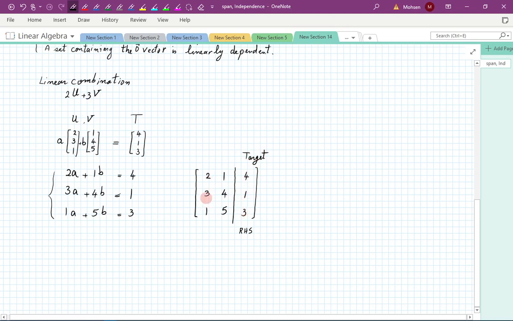And these are the original vectors that they had given to us, which we are writing as columns, and then we make our target, that's our right hand side. Okay, what is next?